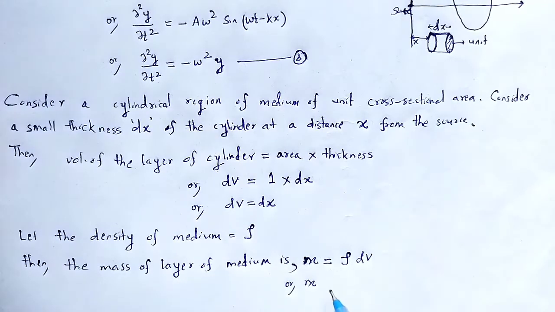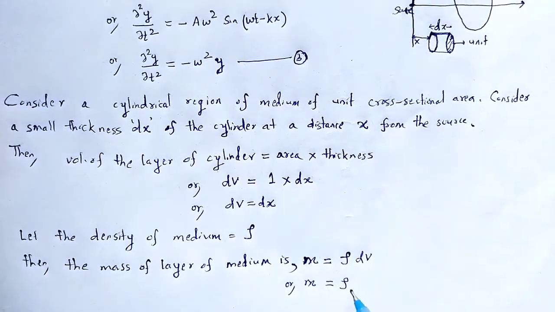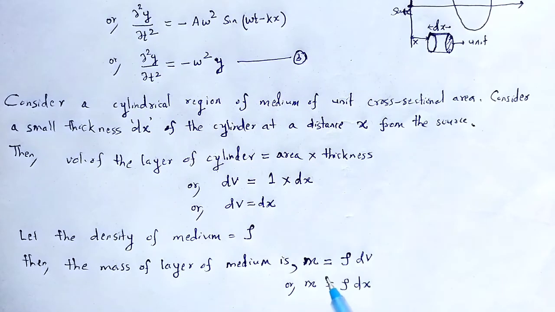So the mass of the layer of the medium m is equal to rho dV, which is equal to rho dx, as dV is equal to dx.